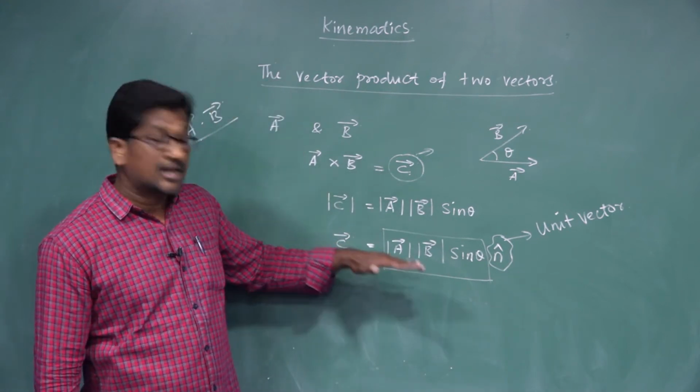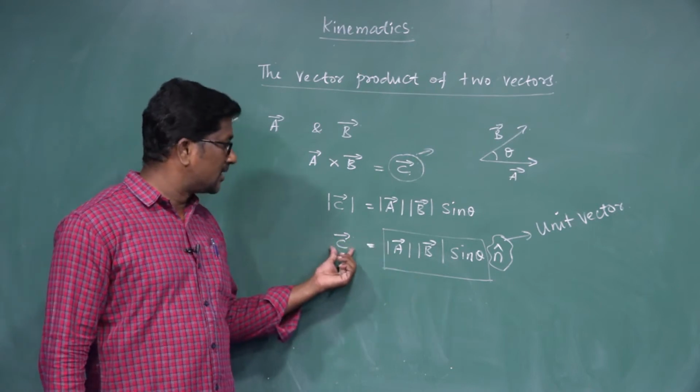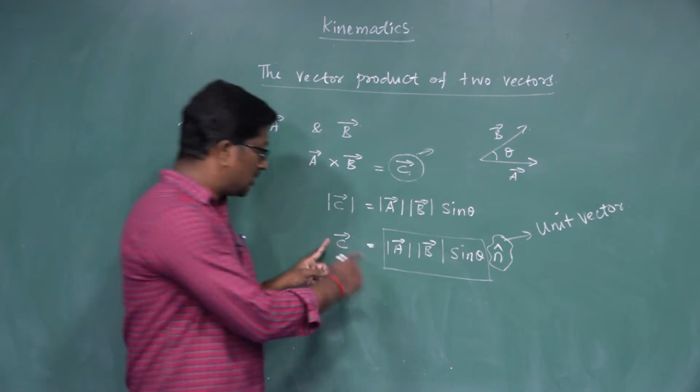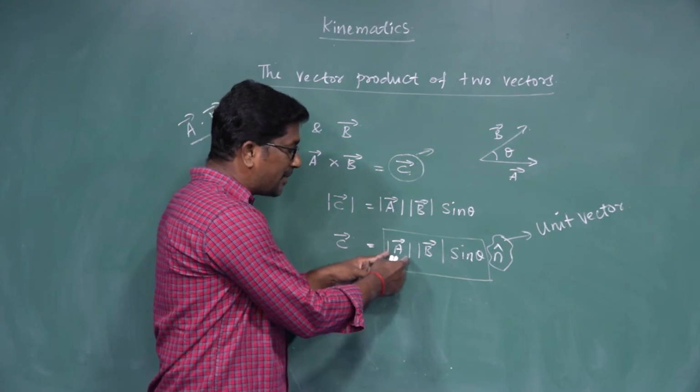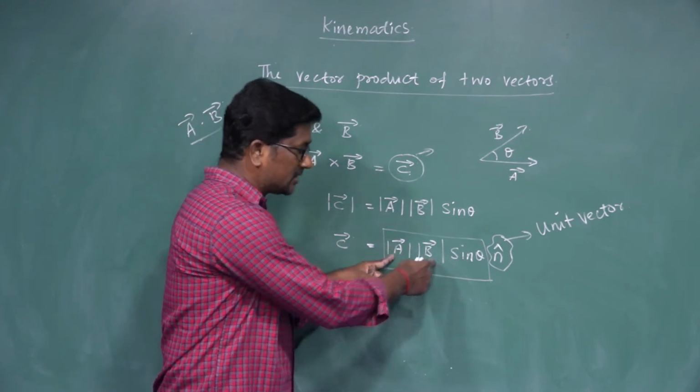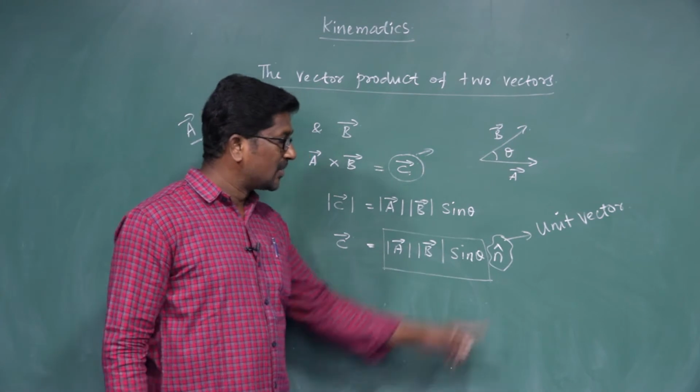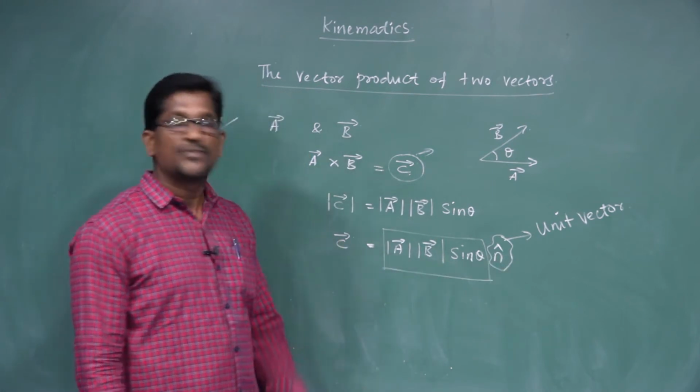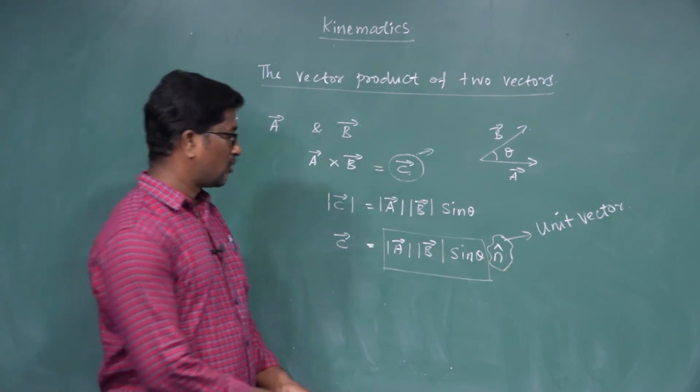So this is the representation of C vector, that is a vector quantity, which is equal to the product of the magnitudes of the two vectors and the sine of the angle between them, and the unit vector gives the direction of C vector. Right?